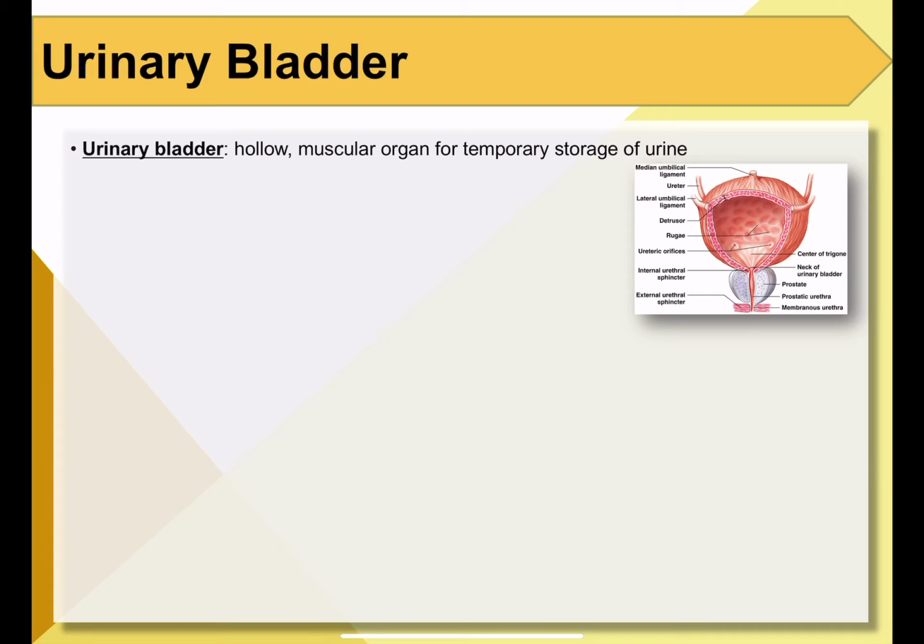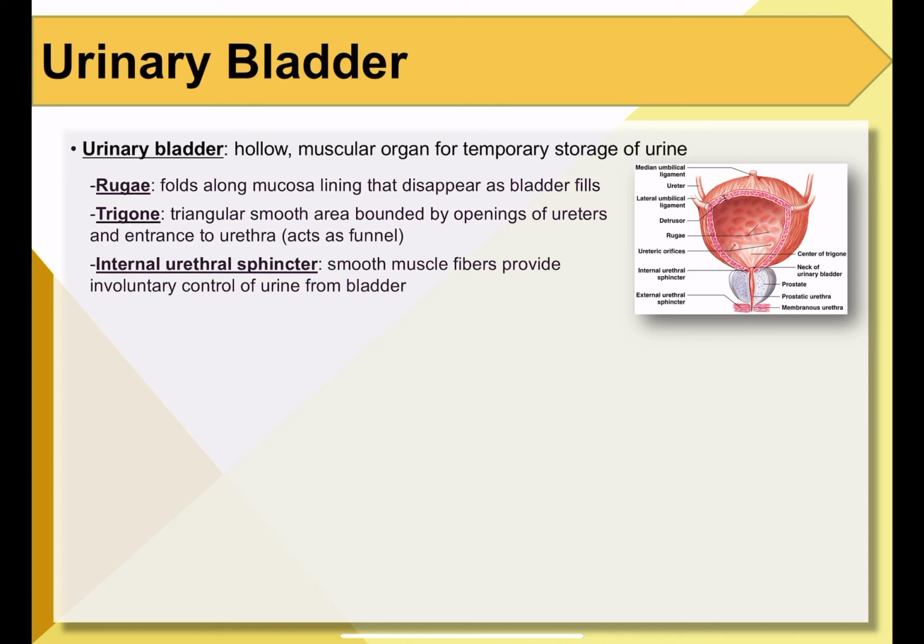Okay, so the next organ up, after the urethra, is the urinary bladder. The urinary bladder is a hollow muscular organ for temporary storage of urine before excretion. Now, there are three parts of the urinary bladder.